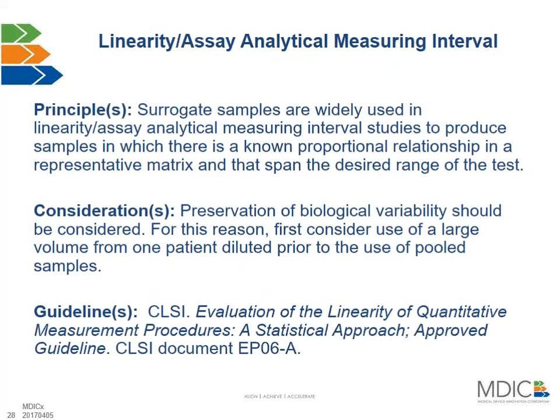And thus, this factor would weigh into the selection of the appropriate surrogate type when one is looking at the hierarchy. Additionally, as an example, this is an area in which there is existing CLSI guidelines, and this is noted here on the slide, but it is also contained in the framework as well.